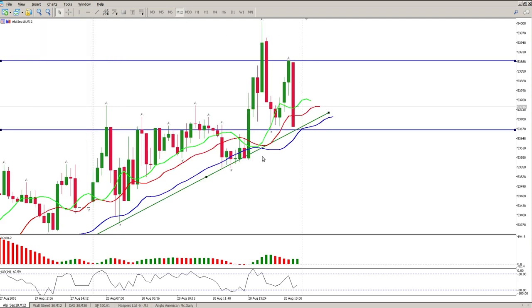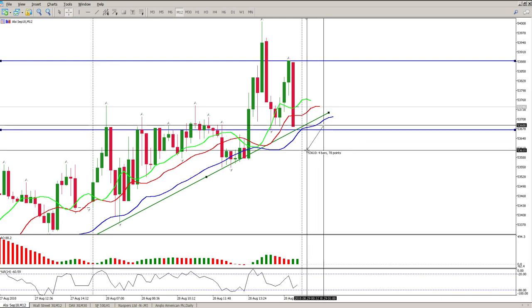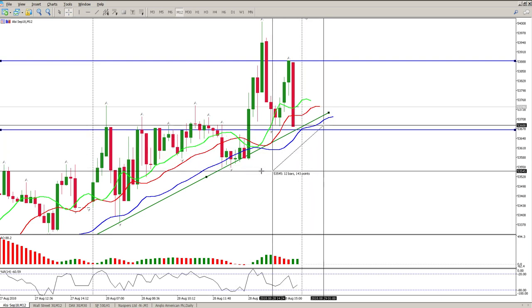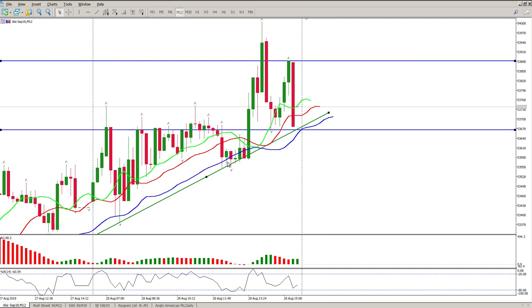What I'm looking for is if we stay above this level of 53674, I'll definitely take a stab at a long. But we'll keep our stop within 100 points, well, maybe 150 points, so keep it just below this tail here. Okay, so that's my take. Looking for longs.